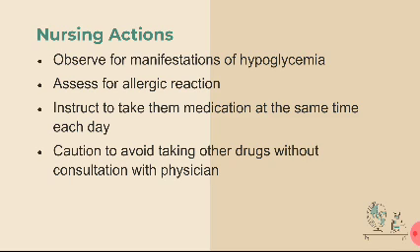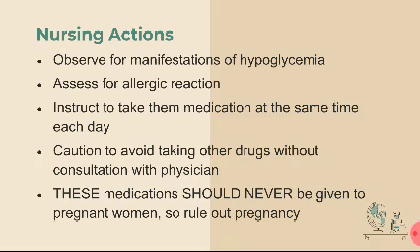Next, these medications should never be given to pregnant women, so rule out pregnancy. Why? Because in late pregnancy, the hormones estrogen, cortisol, and human placental lactogen can block insulin. When insulin is blocked, it's called insulin resistance, just like in type 2 diabetes mellitus.